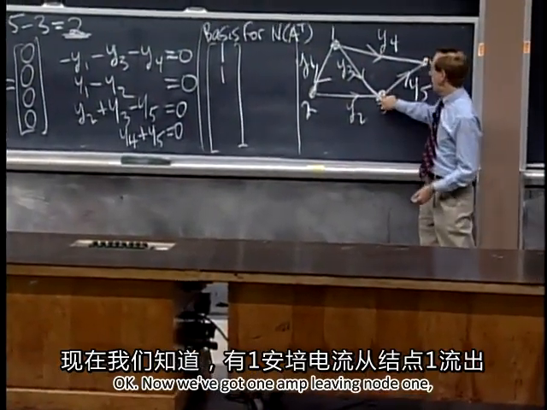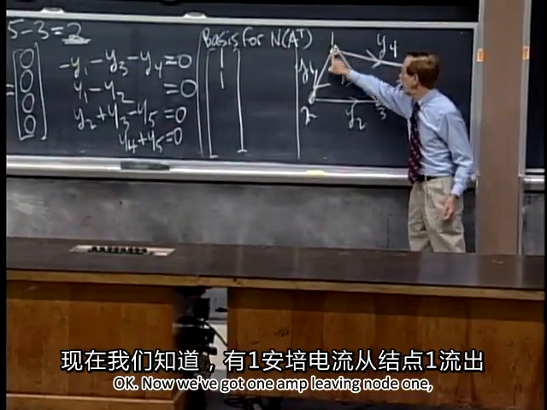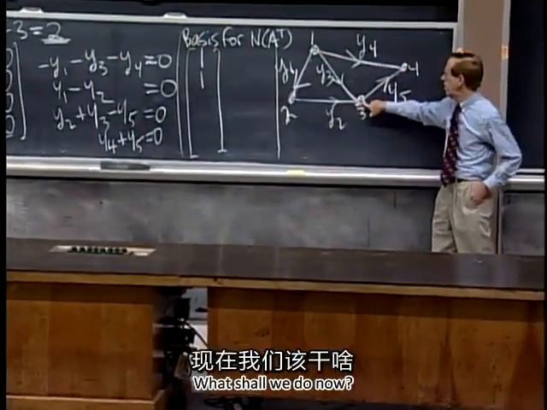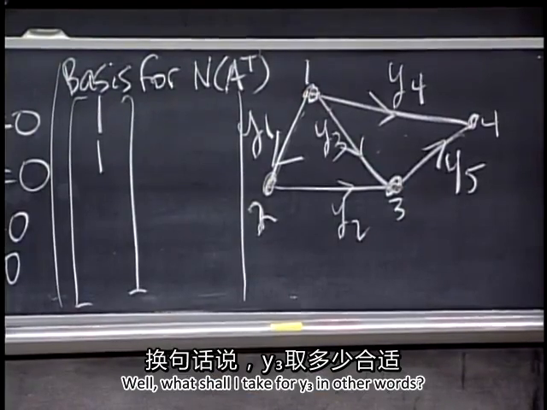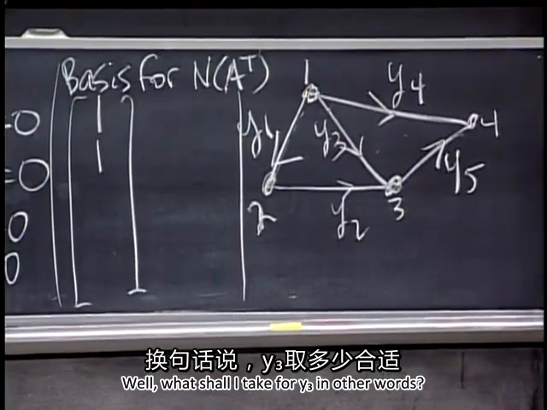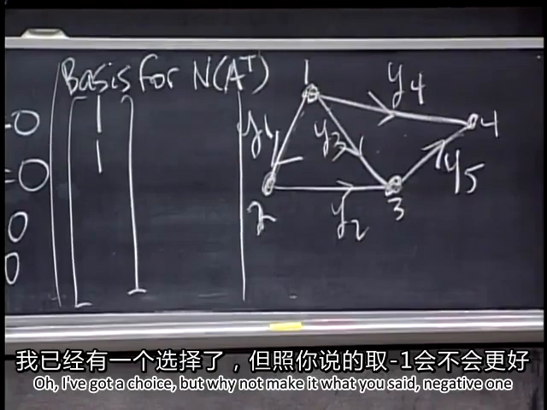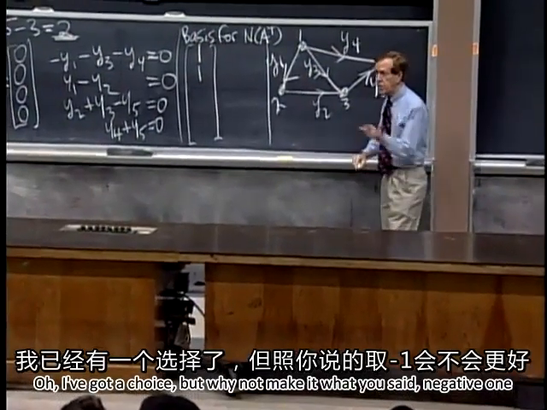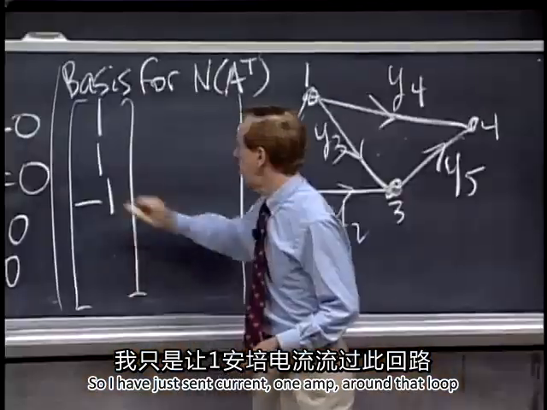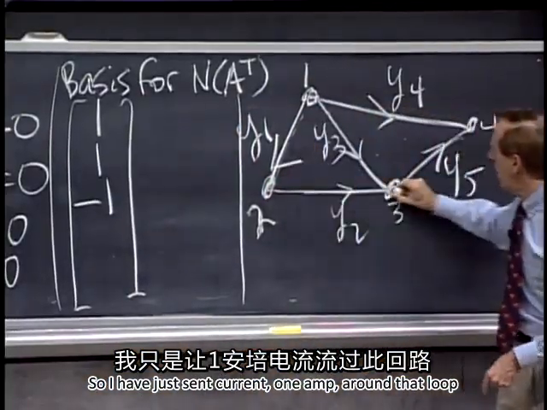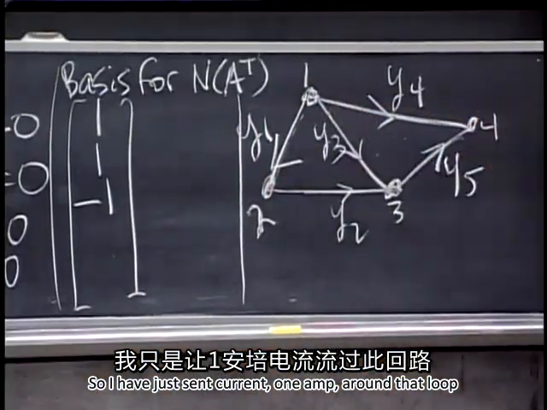Now we've got 1 amp leaving node 1, coming around to node 3. What shall we do now? Well, what shall I take for Y3, in other words? I've got a choice, but why not make it, what you said, minus 1? So I have just sent current 1 amp around that loop.